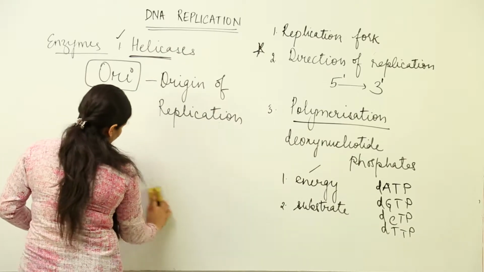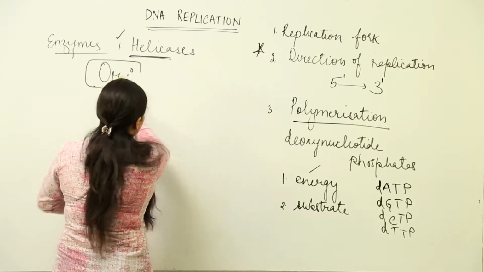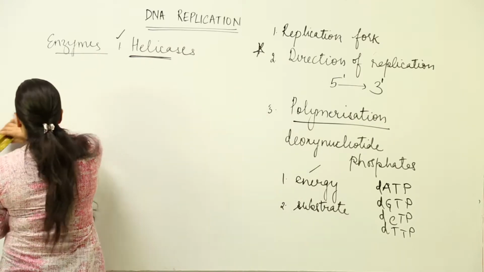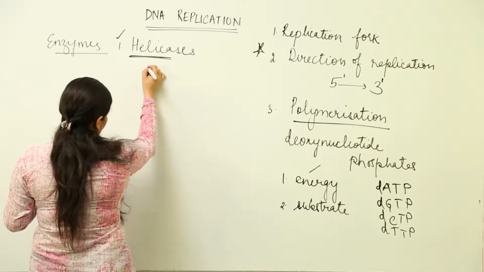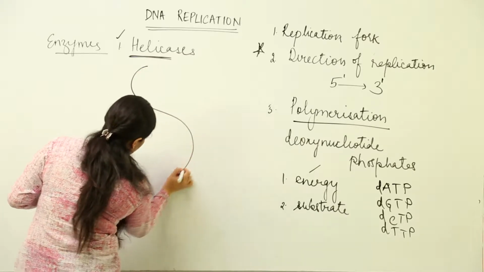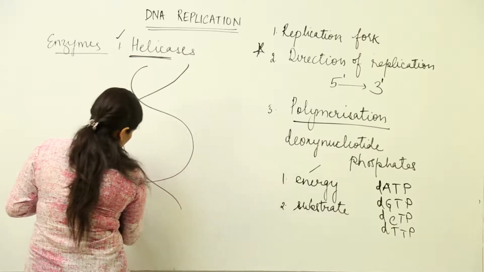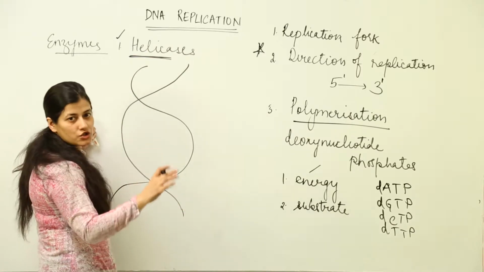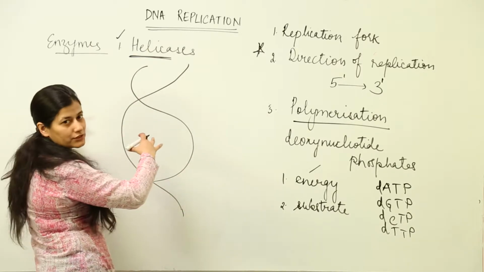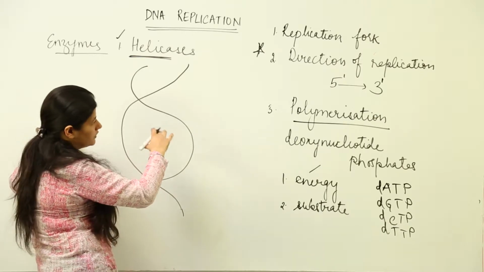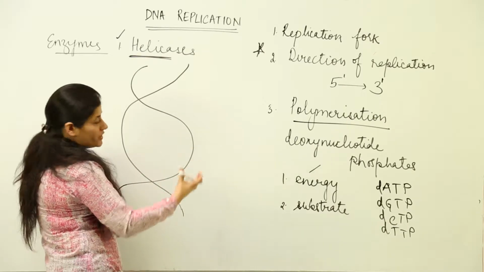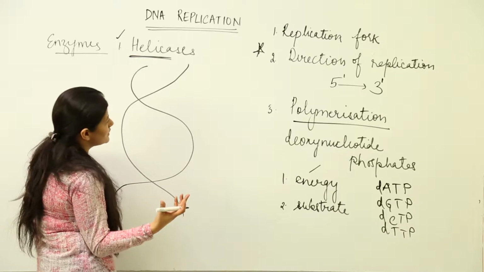Now we have a helix. We have identified the origin of replication. Supposedly, this is the DNA helix. Now, I can't present it in three-dimensional form because of the limitation. I don't have that three-dimensional presentation as we have in, again, I would say, science fiction movies.